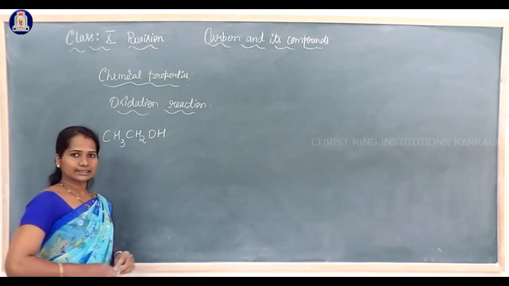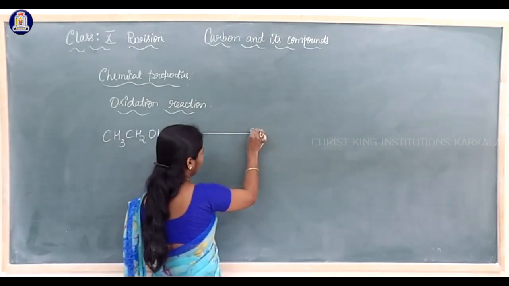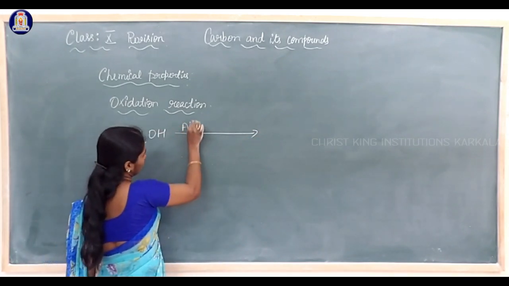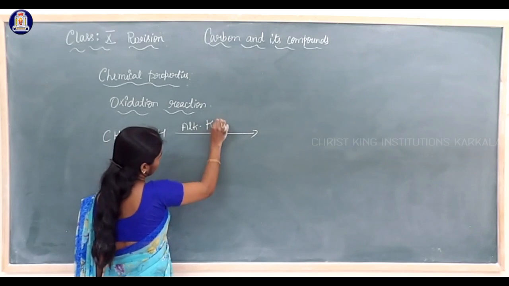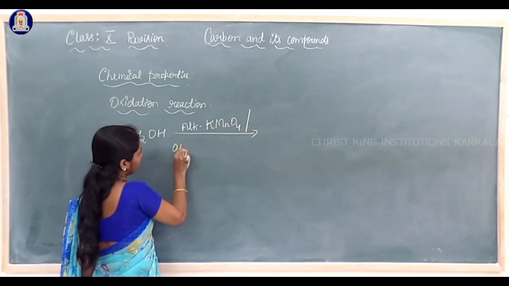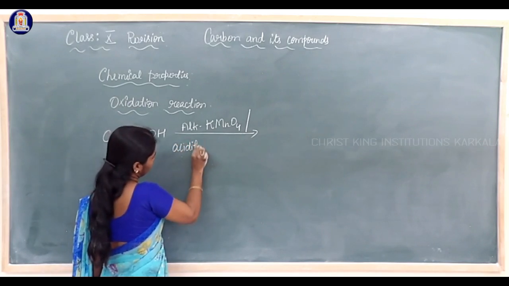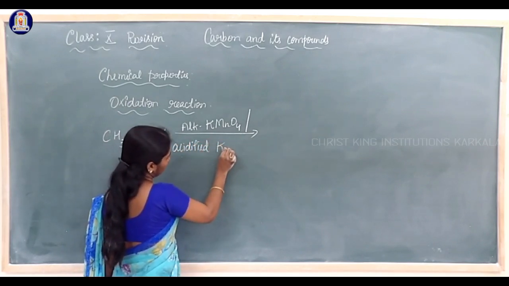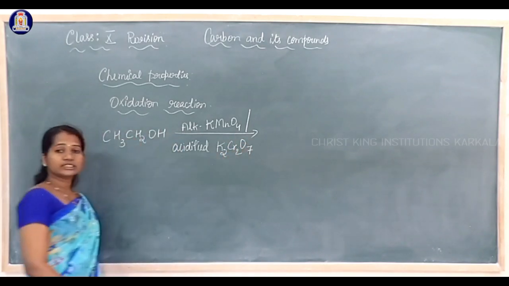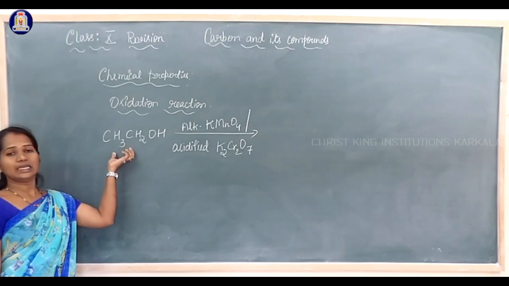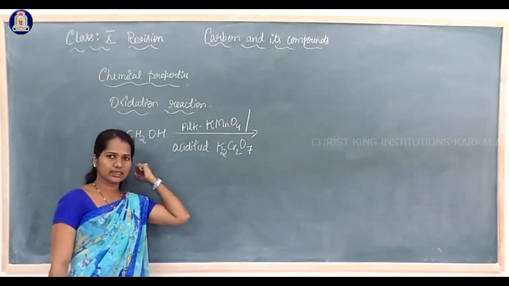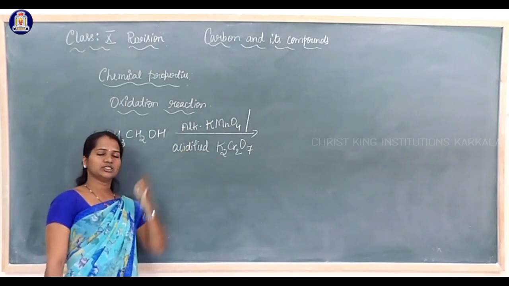Ethanol or ethyl alcohol is oxidized in the presence of alkaline potassium permanganate, KMnO4, or acidified potassium dichromate, K2Cr2O7.